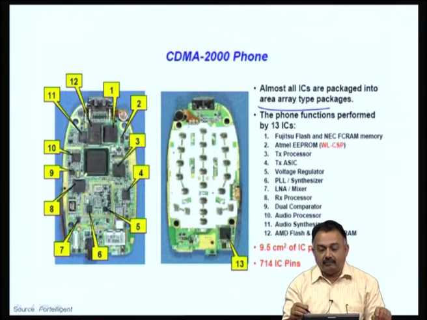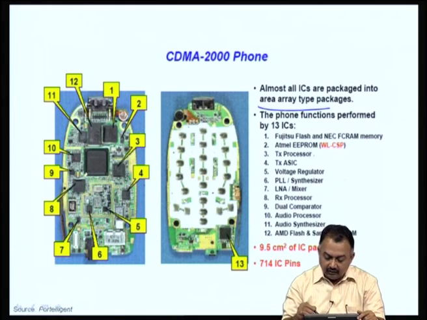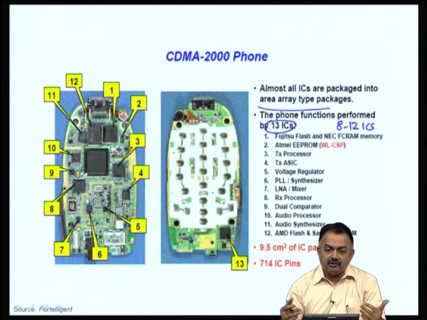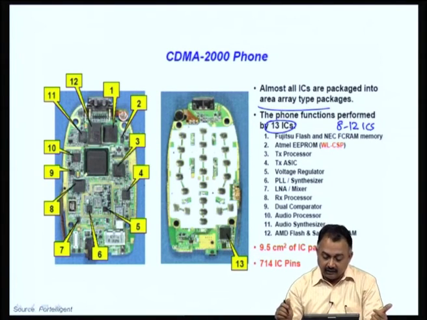The number of ICs on average today will be around 8 to 12, and most of them are area array packages, because the area array technology is well established. But as an academic activity in this course, we are going to study right from the peripheral array packages to area array packages, and also the bare die packages, bare die devices, no packages.